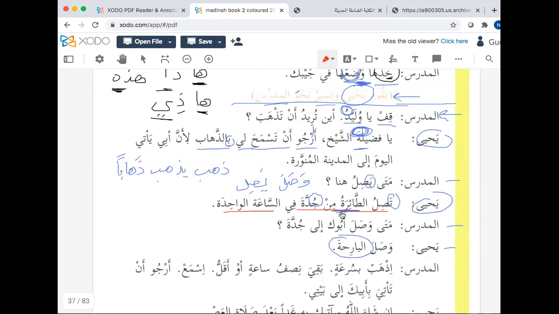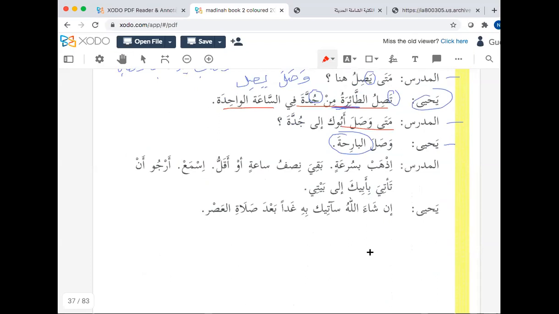At 1 p.m. the plane is coming from Jeddah. So the teacher knows that the father is already in Jeddah. So he said, Mata wasala abuka ila Jeddah? When did he reach Jeddah? The boy, the Wulaid, said, wasala al-barihata. And al-bariha has a fatha on it because this is the time frame relating to the verb.